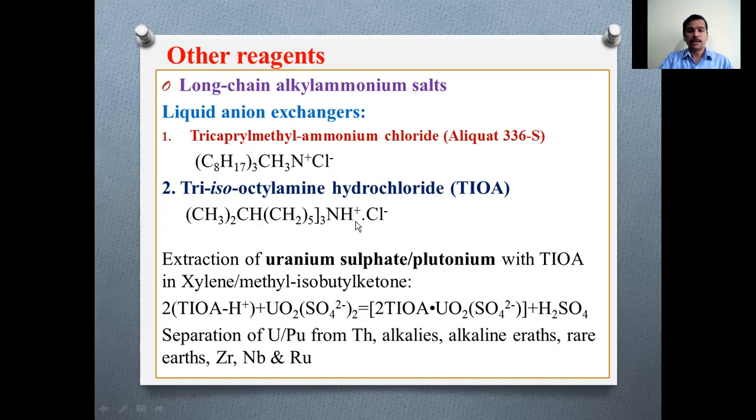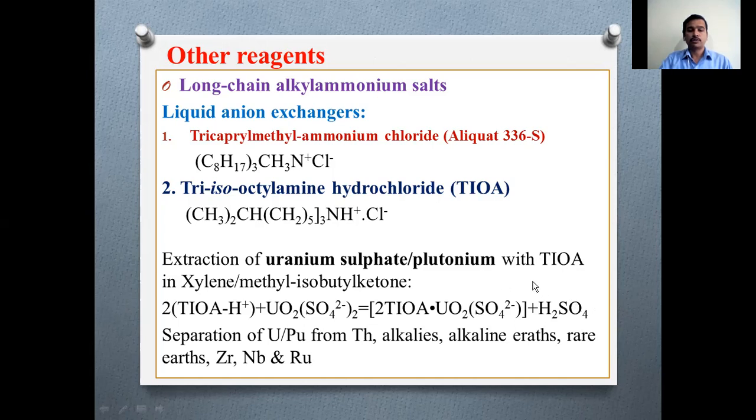It has a hydrogen ion as the positively charged species and chloride as the negatively charged species. Chloride is replaced by the sulfate of uranyl sulfate. So triisooctyl amine uranyl sulfate is the ion association complex produced here, and it is extractable into xylene, benzene or methyl isobutyl ketone. The other product will be HCl, or H2SO4, which remains in the aqueous phase.